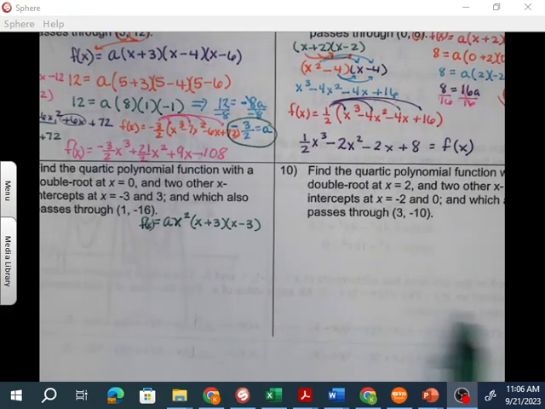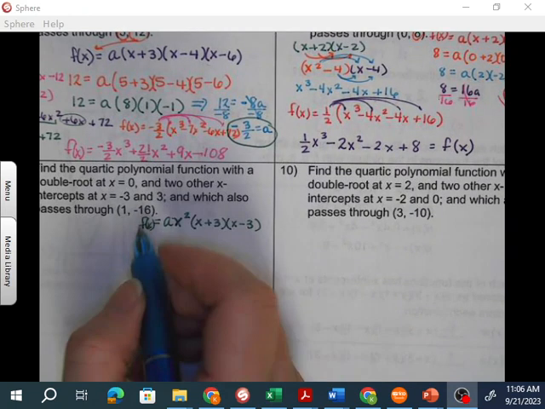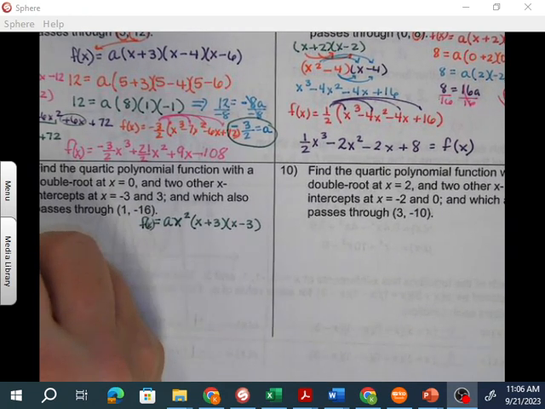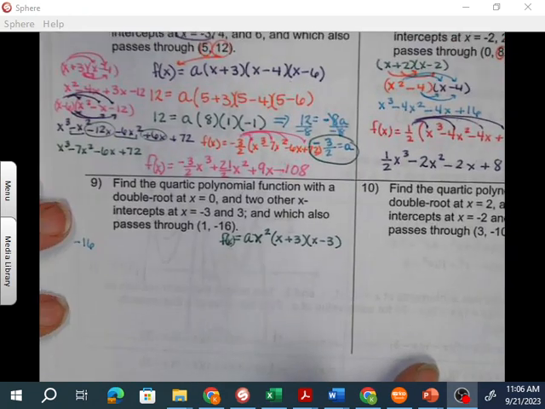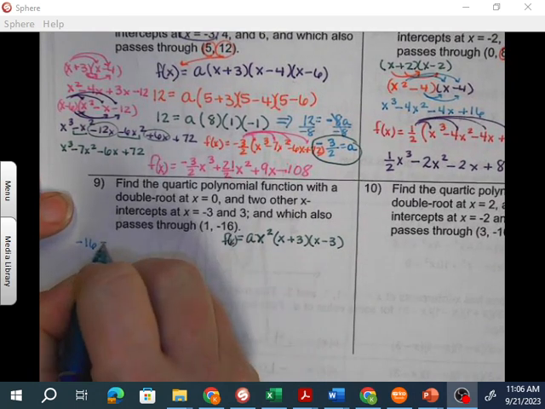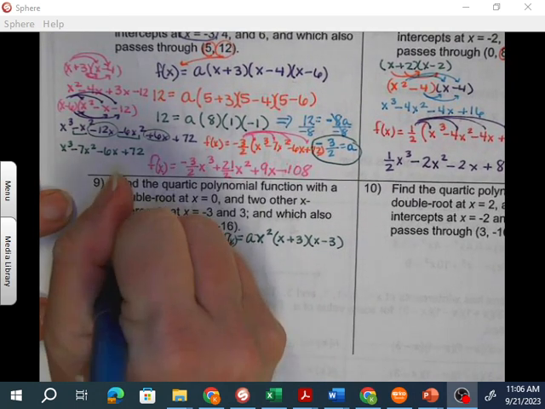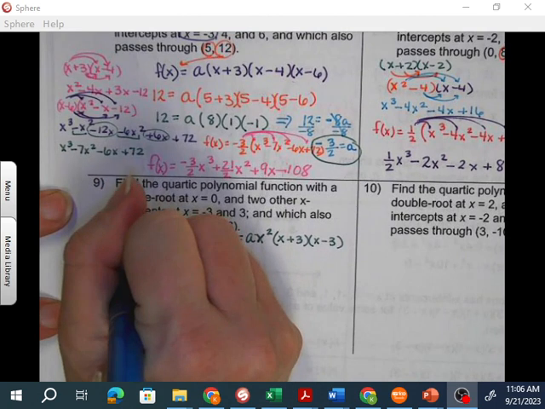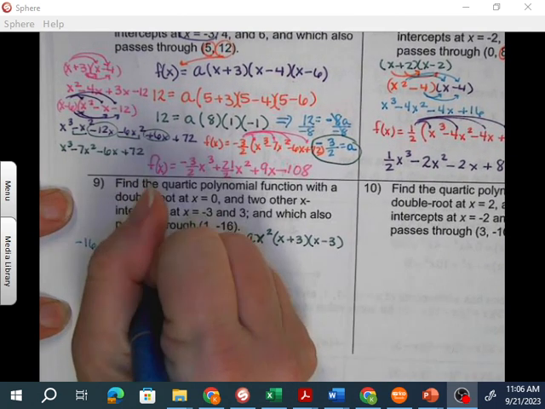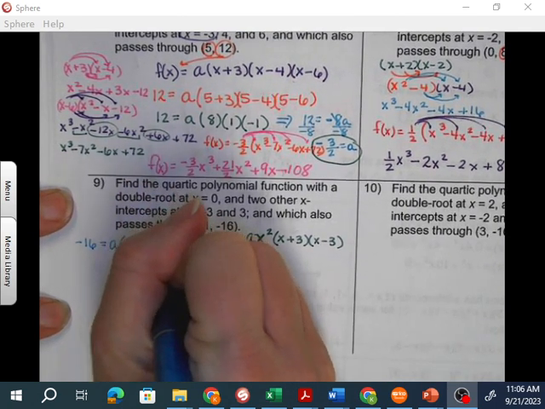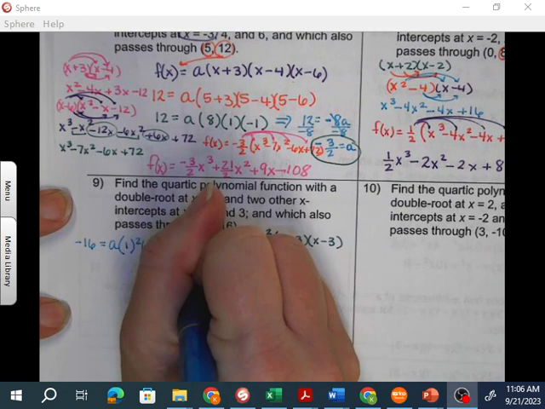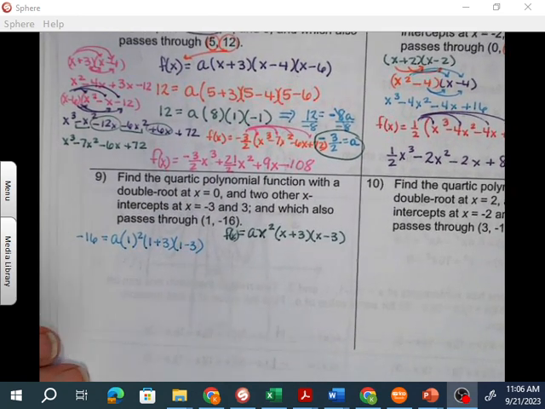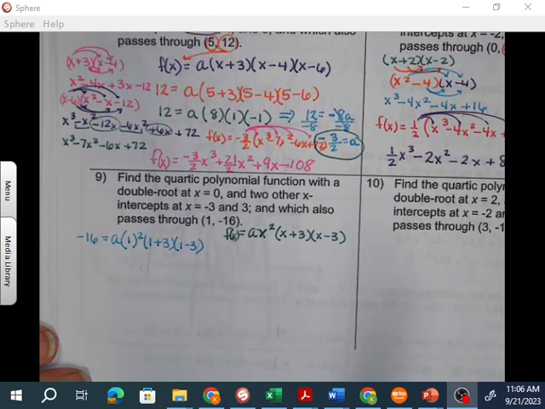They told me my f of x is negative 16. So negative 16 equals, I don't know a, but I do know x is 1 squared, 1 plus 3, 1 minus 3. Now we're just simplifying.